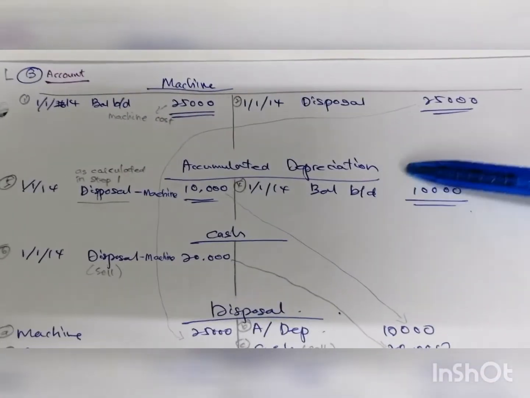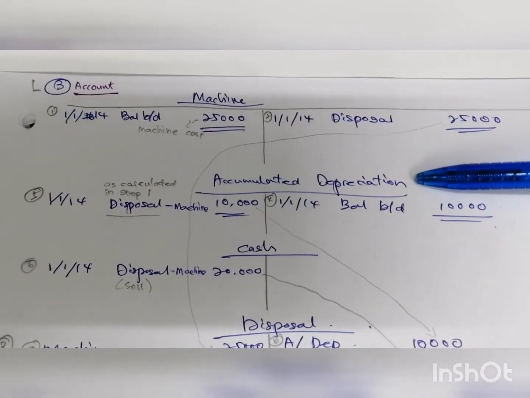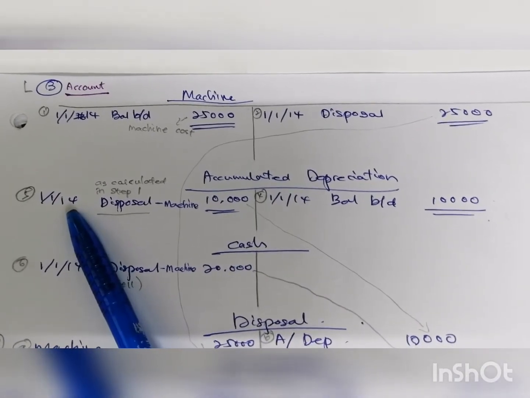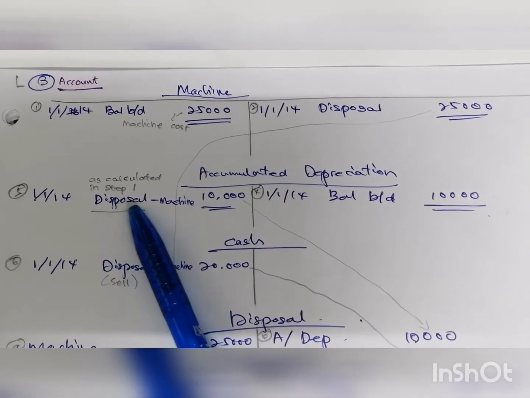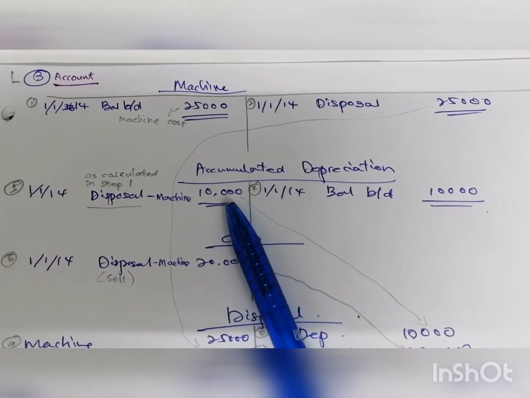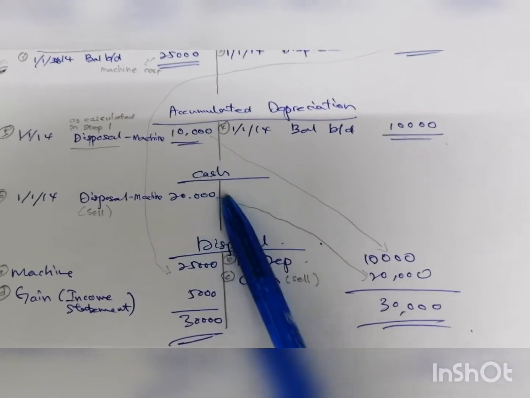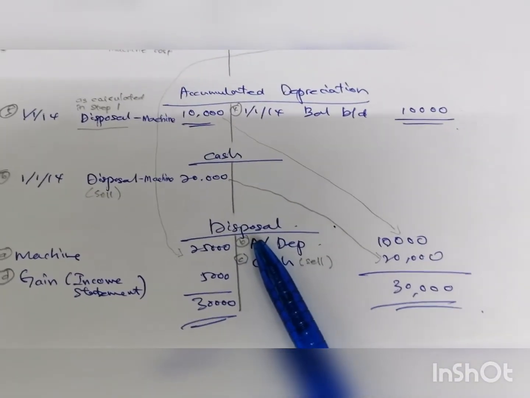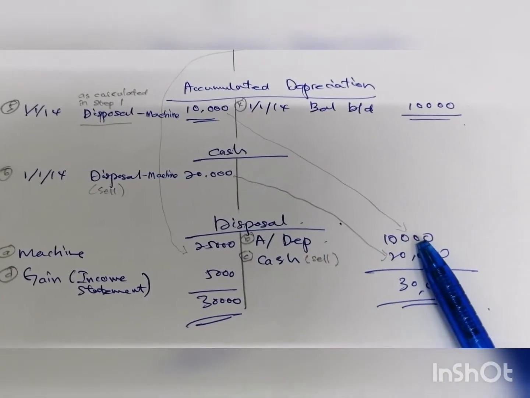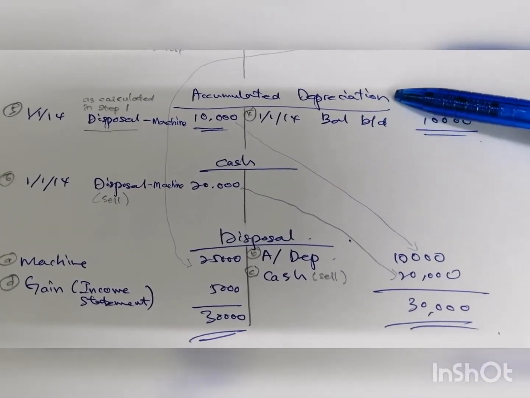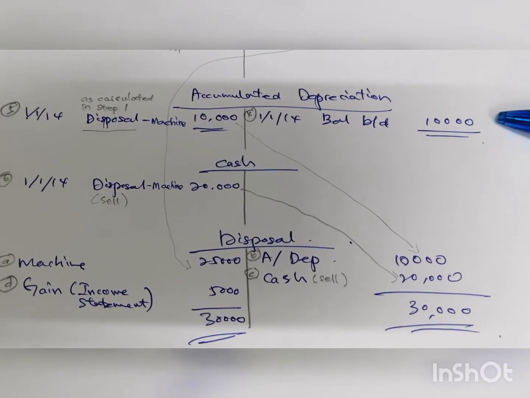Then for the accumulated depreciations account, we will record on 1st January 2014 disposal machine for 10,000, and this 10,000 will bring to the account of disposal. We credit 10,000 here.